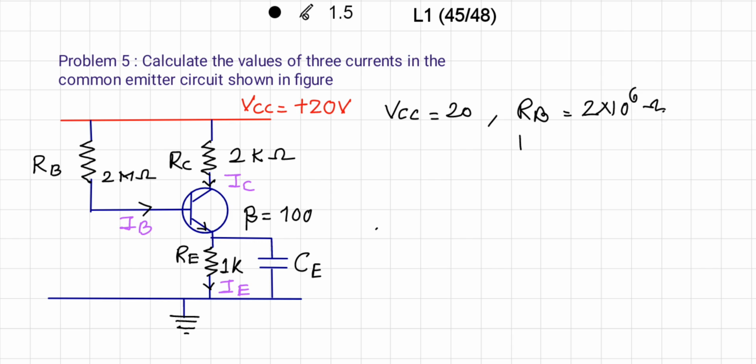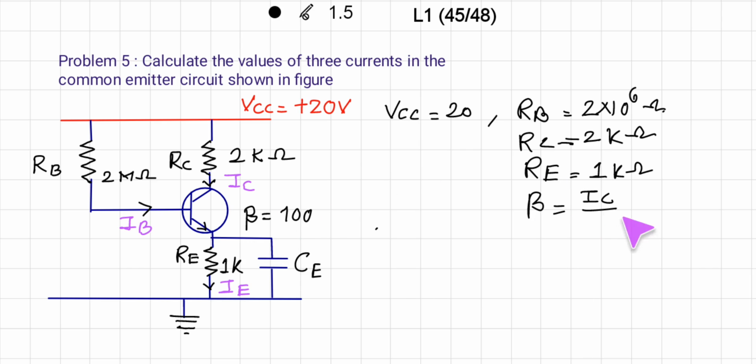Then RC is equal to 2 kilo ohm, and RE is 1 kilo ohm. Apart from that beta is given. So beta is IC upon IB, and its value is 100. So these are the given things.